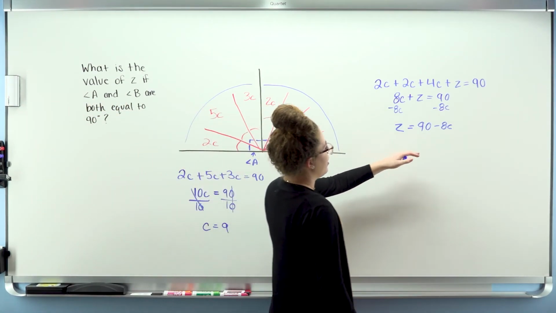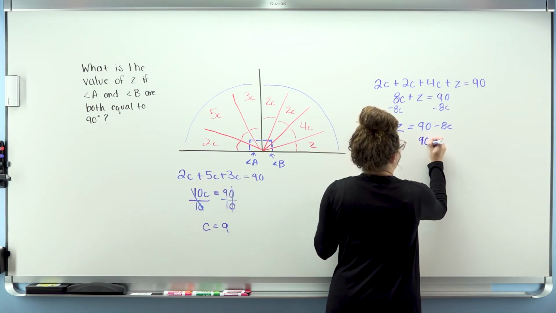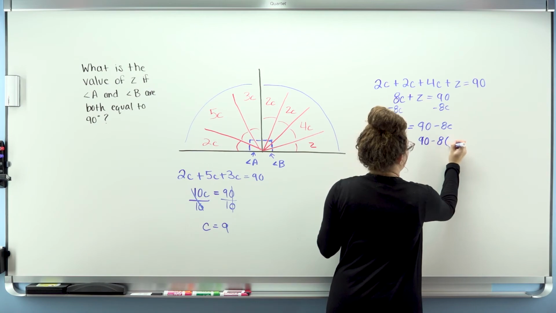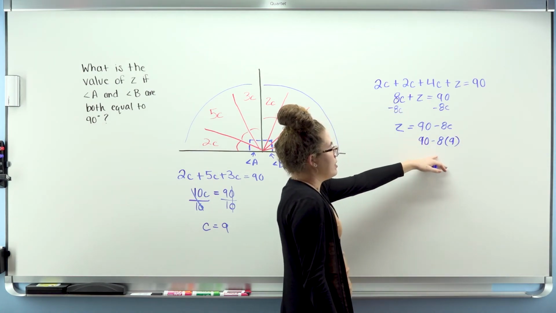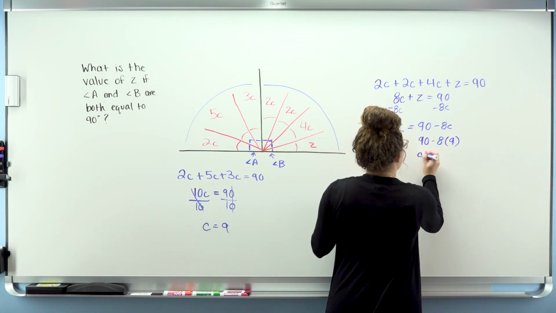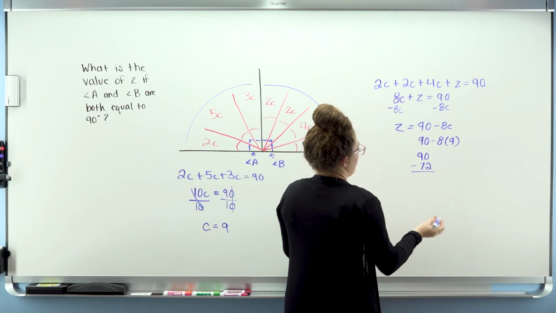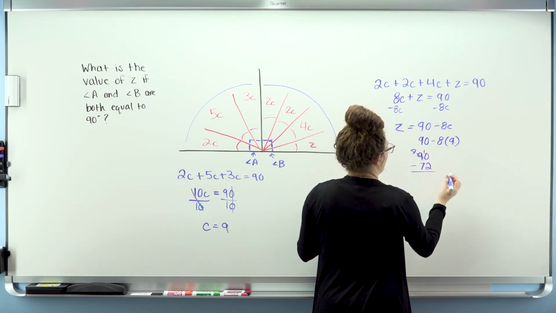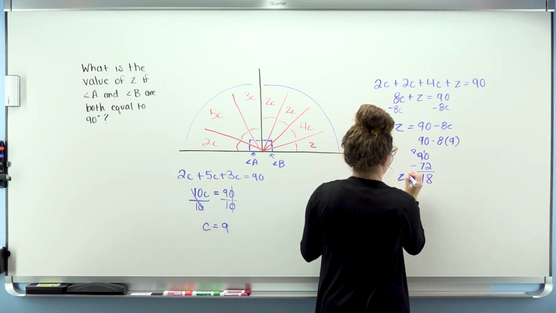And now if we go over here and fill in 9 for c, we would get 90 minus 8 times our 9, right? And we know 8 times 9 is 72. So we would get 90 minus 72, okay? 8, 1, and then 18. z would equal 18.